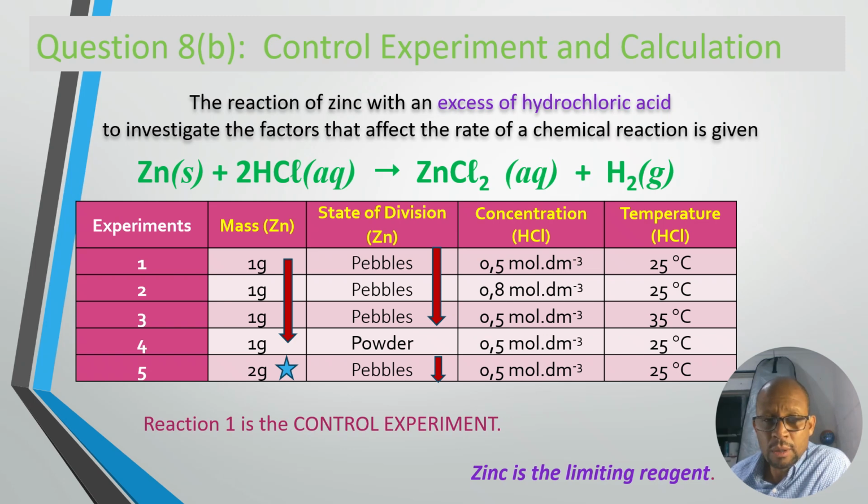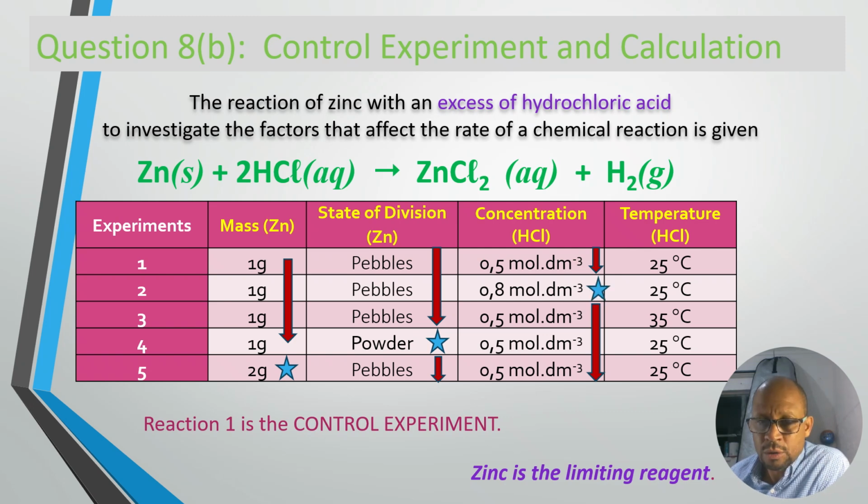In the second column, state of division, the zinc stays the same, they're pebbles, except for experiment 4, where there's powder. In concentration of the HCl, all the reactions are 0.5 mole per cubic decimeter, except for reaction 2, where they've changed the concentration and it became higher, 0.8 moles per cubic decimeter.